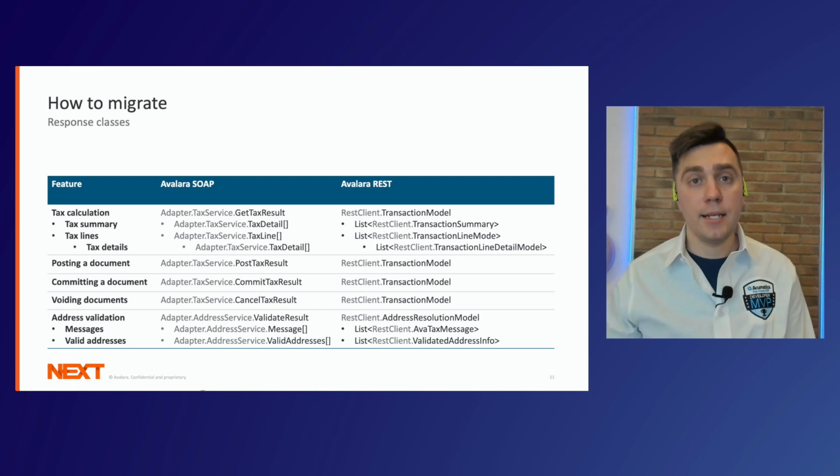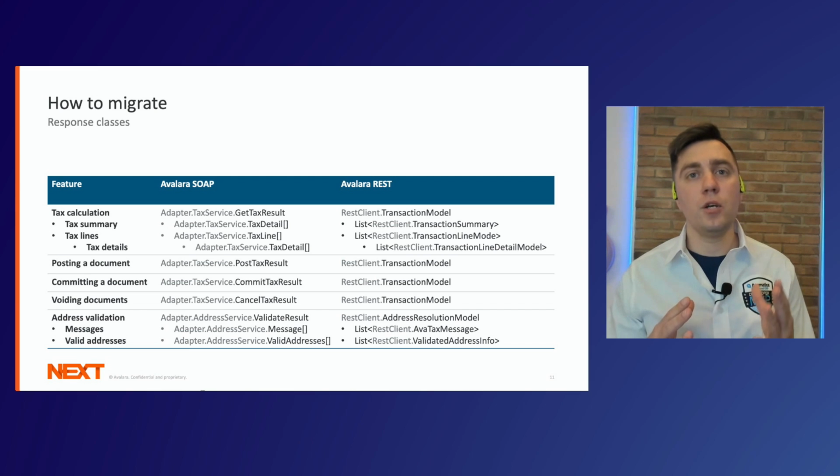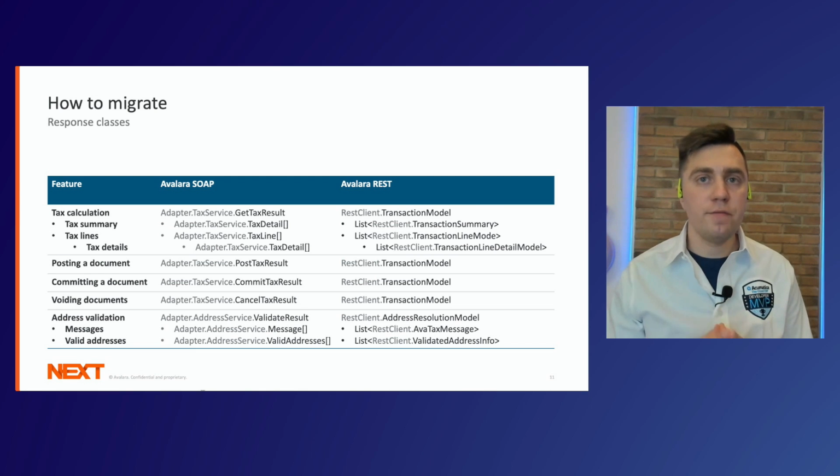For the next 3 features, note that the PostTaxResult, the CommitTaxResult, and the CancelTaxResult classes are equal to the TransactionModel class. Please further note that the address validation response includes a header, a messages collection, and a valid addresses collection resulting from validation.